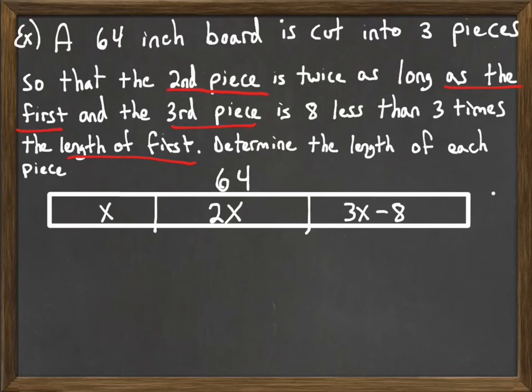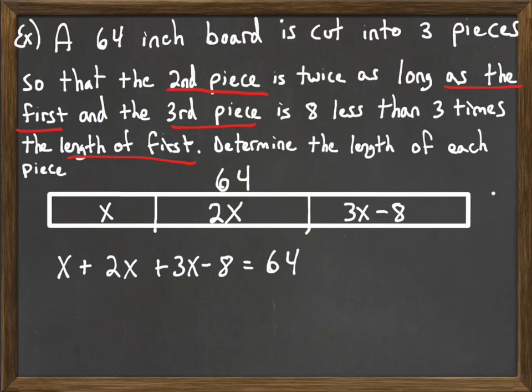But here, we're going to make that assumption just to make life easier, so we don't have to deal with taking off 1/8 of an inch for every cut. So with that in mind, all three pieces should come together to give us our 64-inch board.